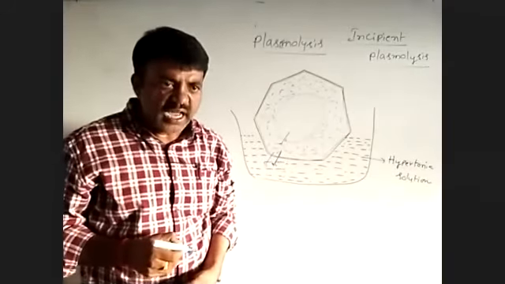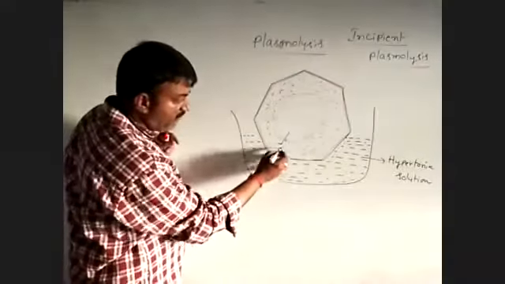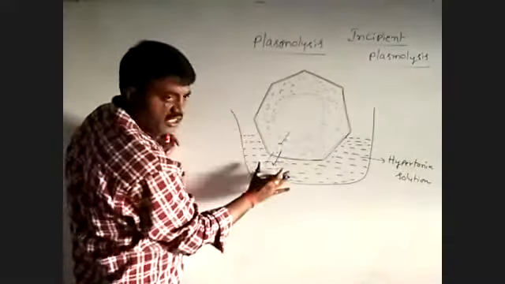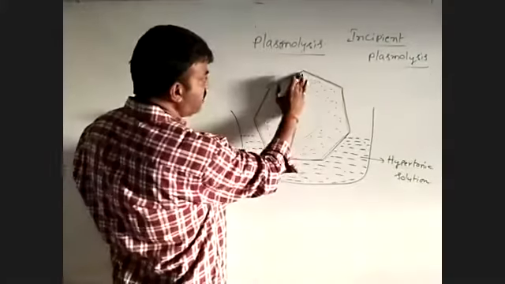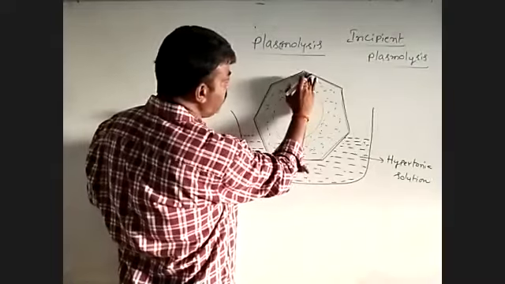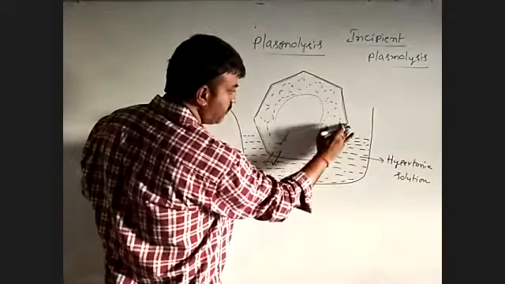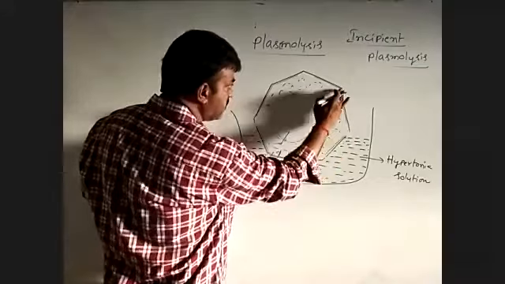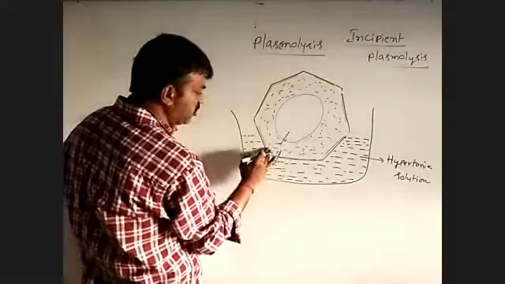Okay? But here we have to observe one thing. So after placing a plant cell in hypertonic solution, what is the first event? Due to the loss of water from the cell to the surrounding, plasmolysis starts and shrinkage of the protoplast also starts.